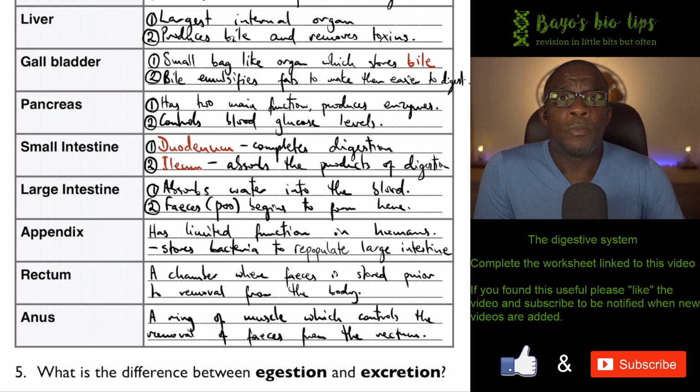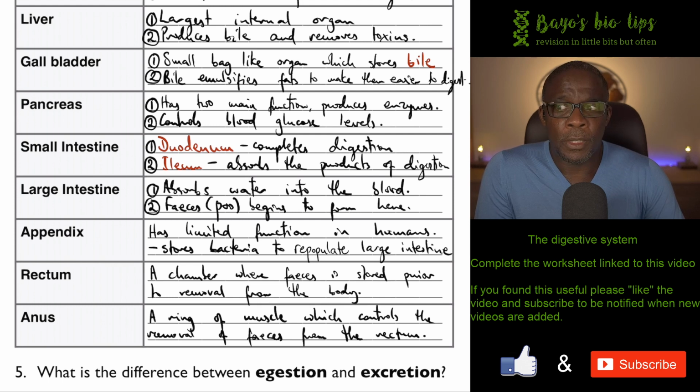In reality, it's mostly digestion. What you're doing is getting rid of material that has simply passed through the body in your digestive tract. That's what digestion is. Whereas excretion is the removal of substances that were already part of your body.